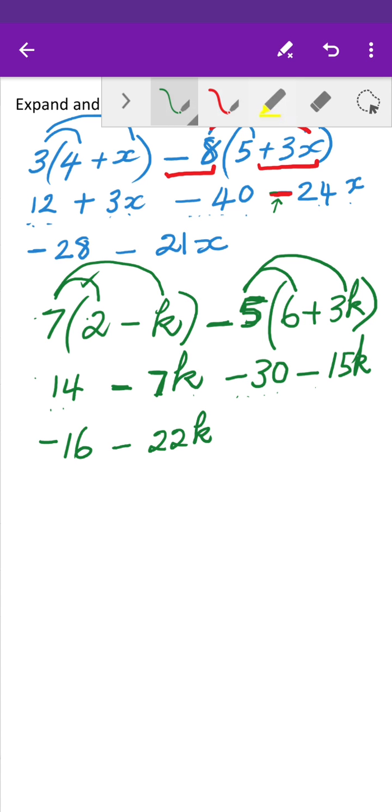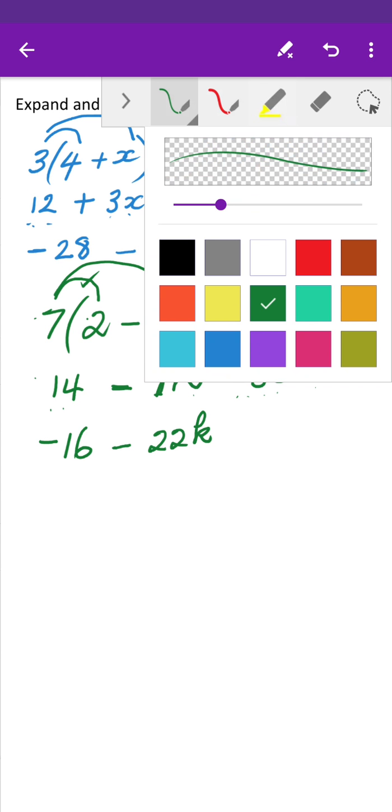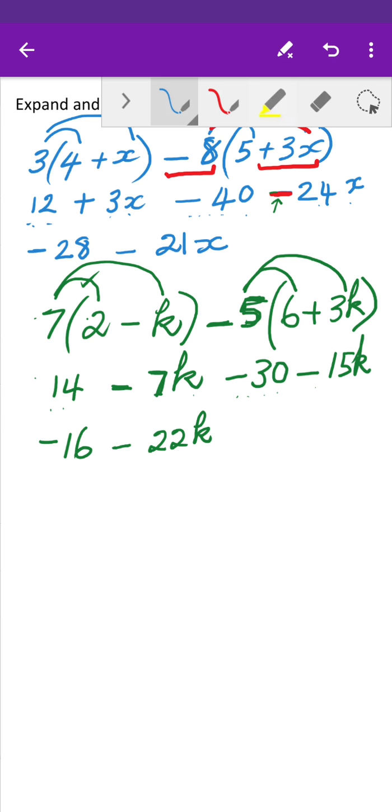And so we've got time for one more, I hope. So let's have a look at just one more question. Let's just go back to blue. And this time let's put a lot of negatives. Why not?